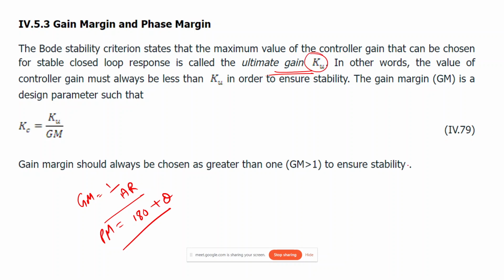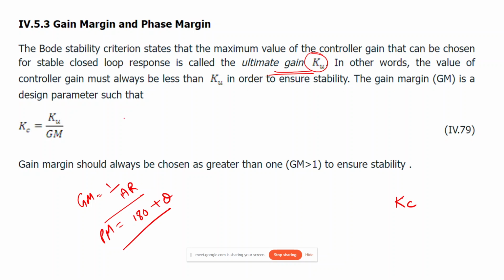That is, for any controller we are using, if the controller gain is Kc, then it should not exceed this ultimate gain Ku. We define the ultimate gain such that it is always larger than the controller gain Kc. In other words, the value of controller gain must be less than Ku to ensure stability.